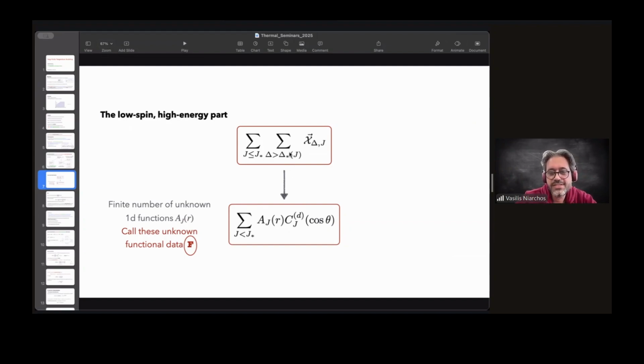So the idea is, instead of focusing on each individual scaling dimension or OPE coefficient, to package them in a finite number of functions, because J now has a finite number of values. And to explore solutions in terms of this unknown functional data that I will call F, for functions. Is the idea clear?